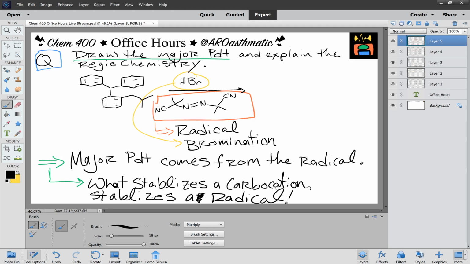They have less than 8 electrons. They want electron density. So anything that will stabilize a carbocation also works for a radical.